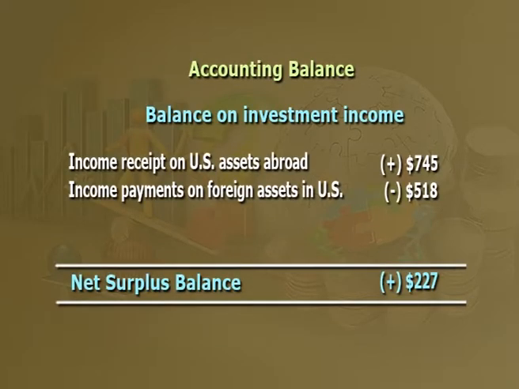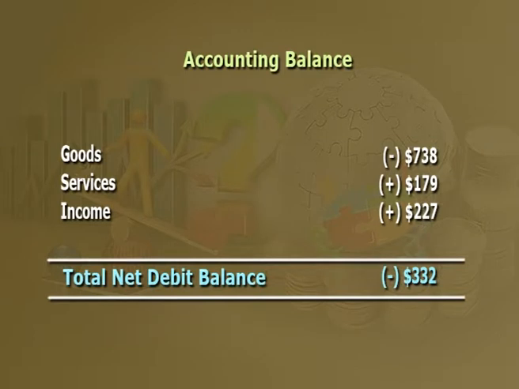The third component of current account is investment income. On the investment side, the US had a net surplus balance of positive $227 billion on investment income. Thus, the US had a net debit balance on goods, services and income of minus $332 billion.